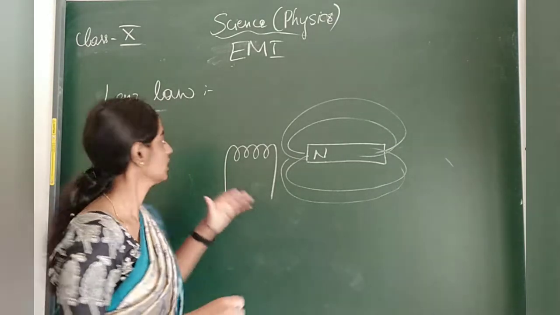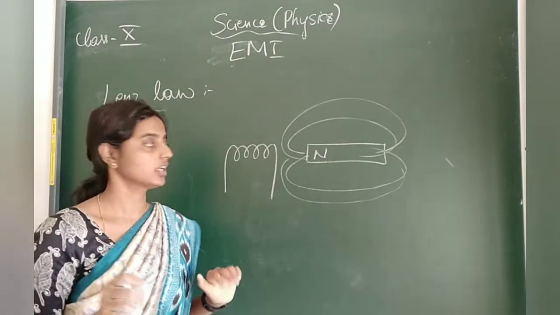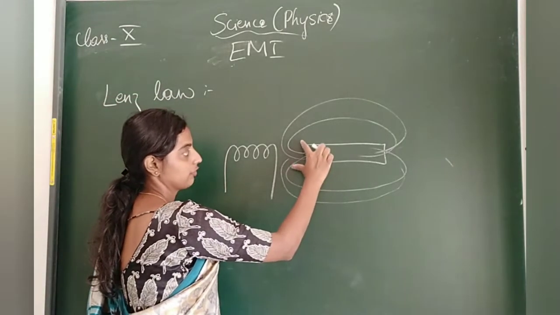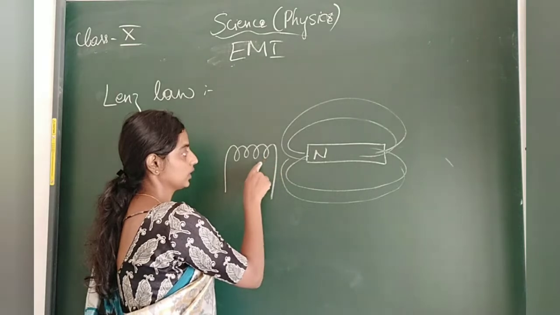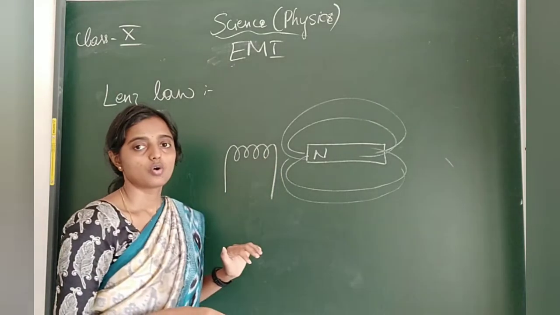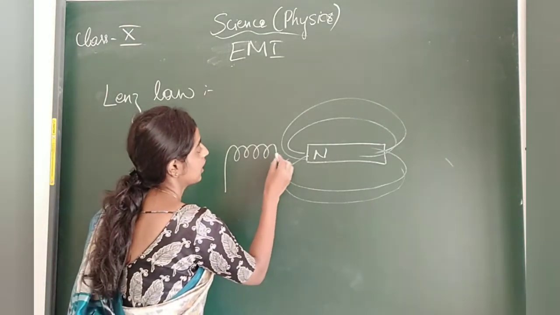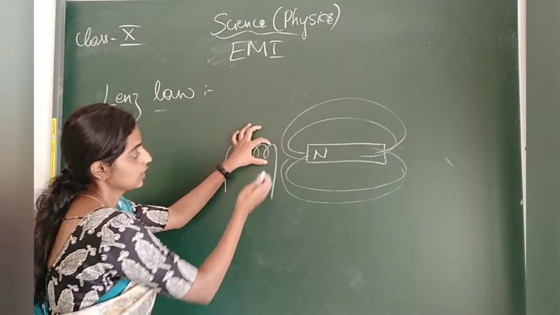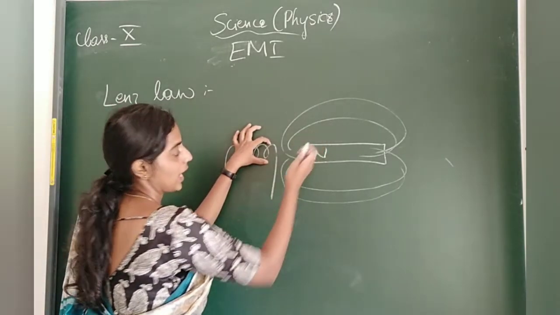What Lenz stated is that when this magnetic field starts linking with the coil, something starts to oppose this magnetic field.